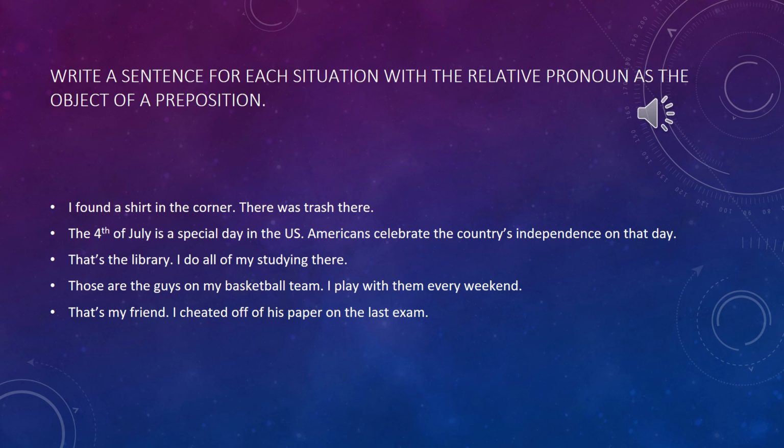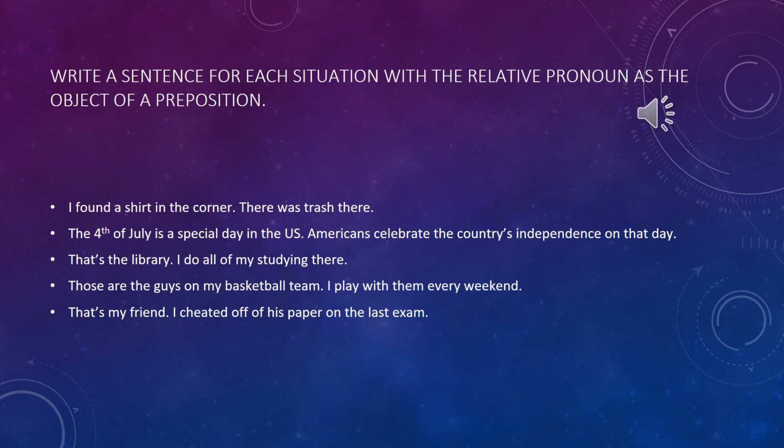In this case, it's not a street corner, like I'll meet you at the corner of Solemn and whatever street. This is in the corner of two walls in a room. So again, the prepositions of place, there's a little bit of flexibility with the rule, and you have to kind of pay attention to what you're saying. So, I found a shirt in the corner where there was trash. I found a shirt in the corner in which there was trash.